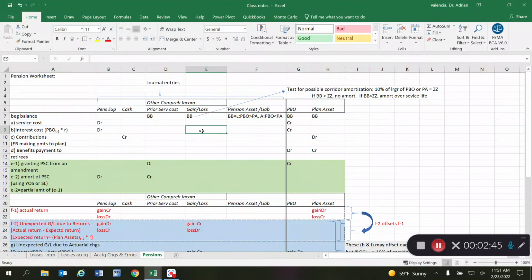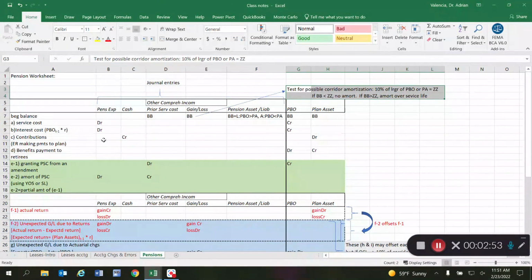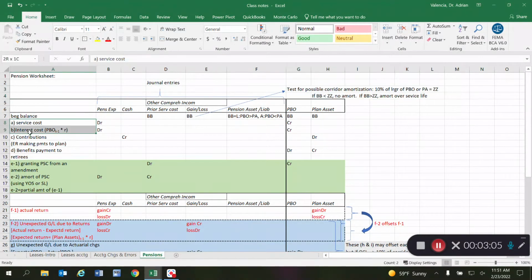I have a little arrow here making a notation that I'll address a little later, so don't worry about that. The way I've organized this makes a little bit of sense for me, so hopefully this helps you. It doesn't matter what order you go in. I label these A, B, C, and so on, but truly it does not matter what order you take.